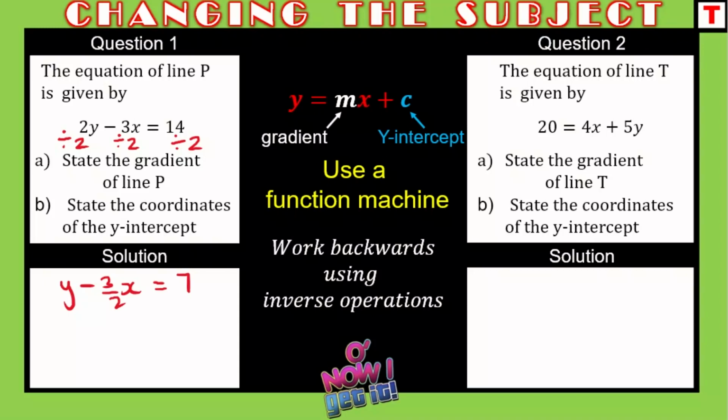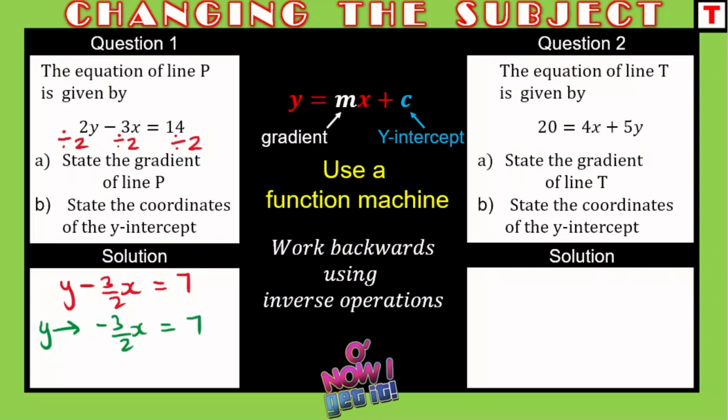Now, we want to make sure that we have y being by itself. But y is not by itself at the moment, therefore we're going to have to figure out what is happening here with y. So we can see that if we write it as a function machine, then y, we're taking away 3 upon 2x from y, and then we have the output of 7.